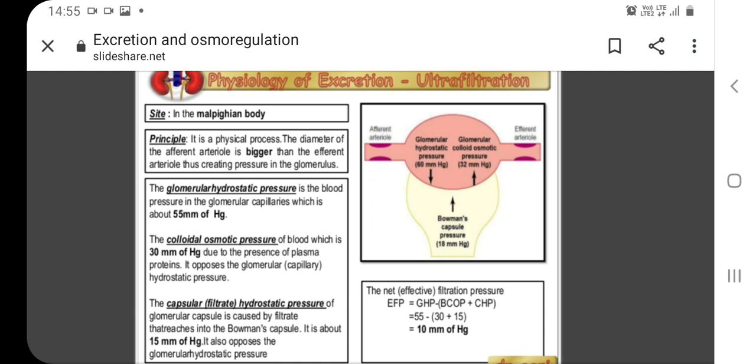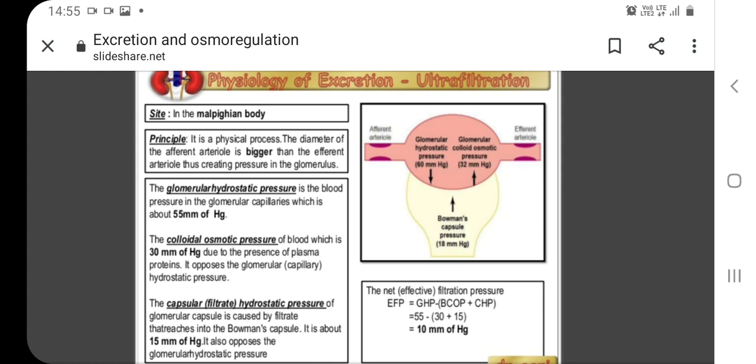The colloidal osmotic pressure of the blood, which is 30 mm of mercury, is due to the presence of plasma protein. It opposes the glomerular hydrostatic pressure.